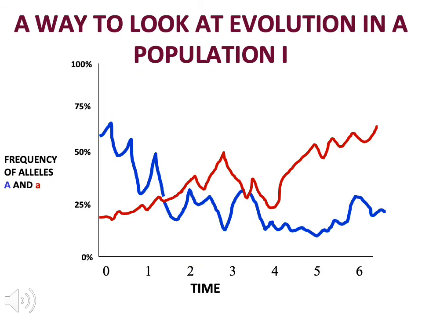So let's take a look at what this might look like if we graph it. If I take a look at a graph of allele frequencies, I see here the frequency of the dominant allele A as time goes by, and the same is true for the recessive allele a, indicated by the red line. And so I see within the population there is change going on over time.